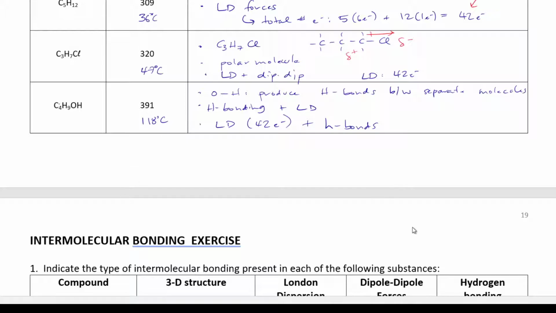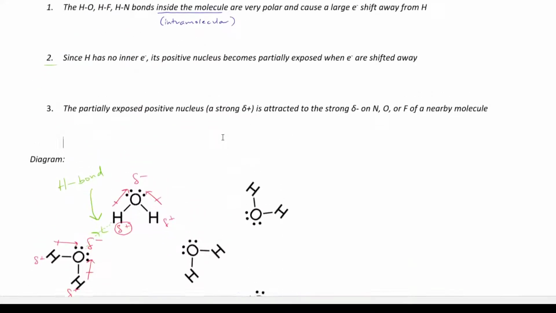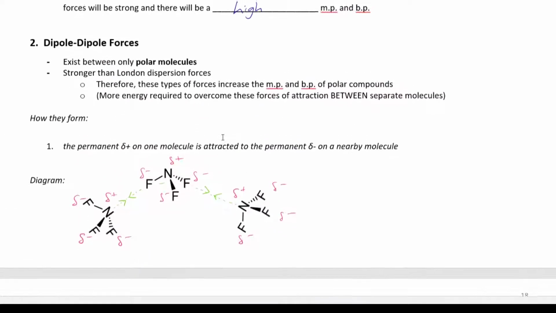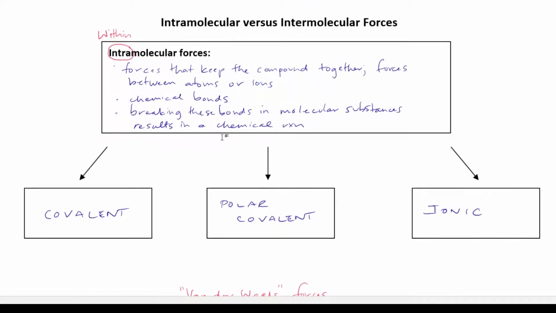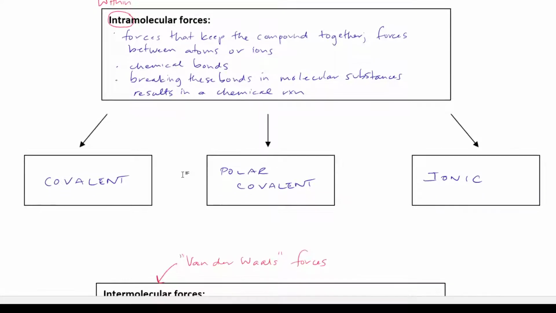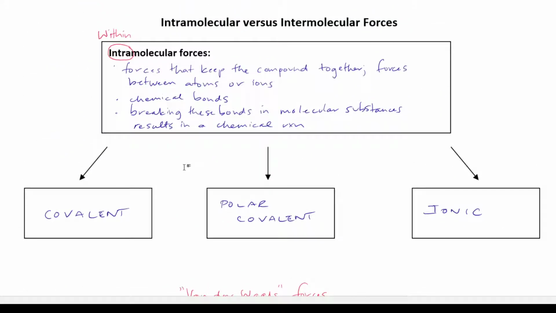So just to recap, we started the lesson by looking at the types of bonds. We looked at intramolecular forces. These are the chemical forces that hold molecules together, something that we've studied previously.